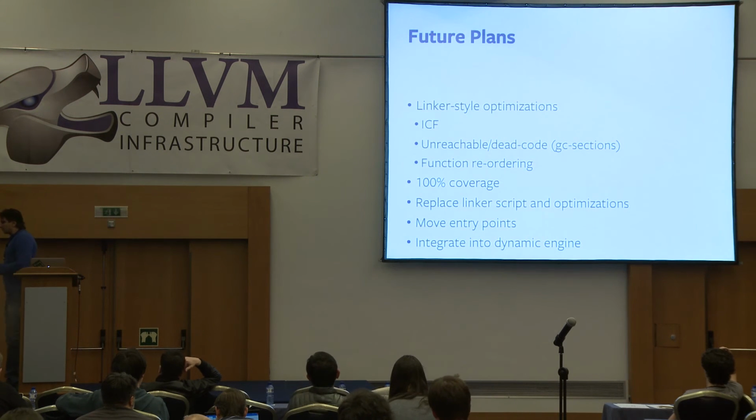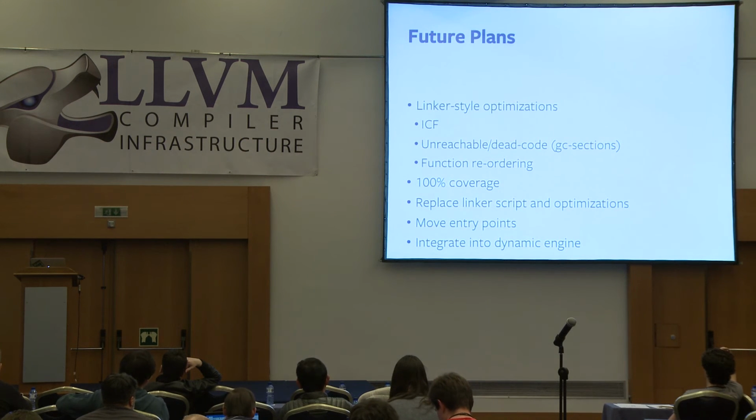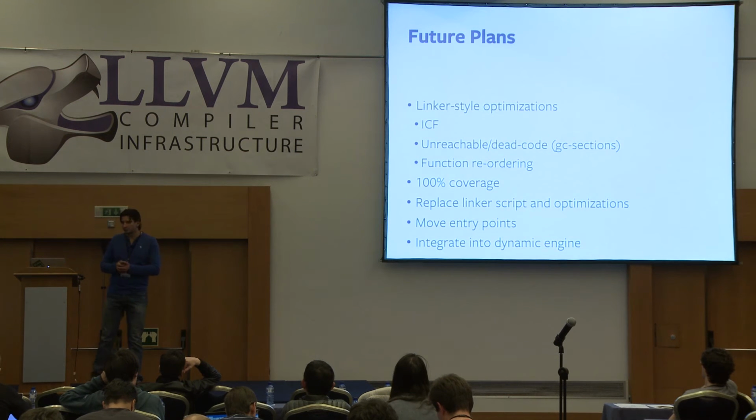What I would really like to do is to use linker relocations to do the complete processing for the binary. There are 3 major stoppers at the moment. We need to implement the same set of optimizations that the linker does. And this is identical code folding, unreachable or dead code elimination, and we should also do function reordering. I believe, at least for some of these optimizations, we can do better than the linker.